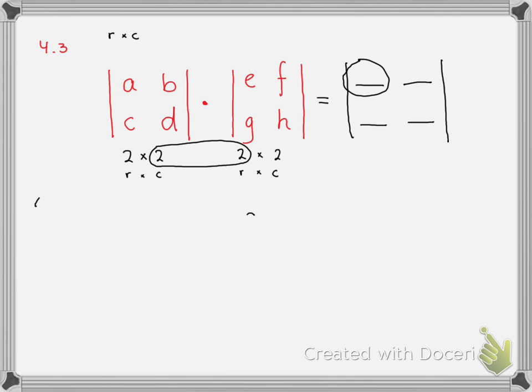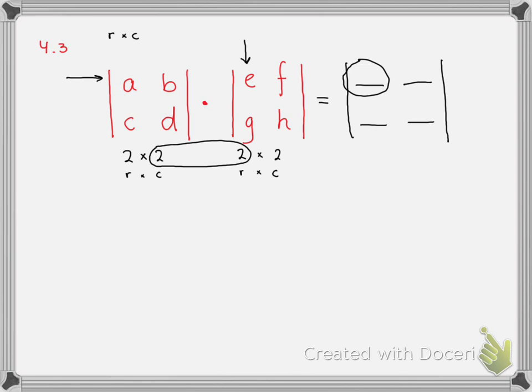So we're going to go to the first matrix on the left, and we will use the entries from row 1. Then in the other matrix, we'll use the entries from column 1. Again, that's because that entry in the solution matrix is in row 1, column 1. Here is the way that multiplying matrices works, so to speak.